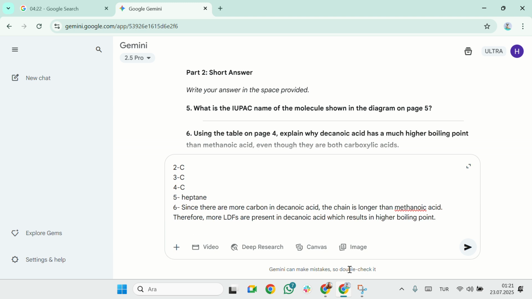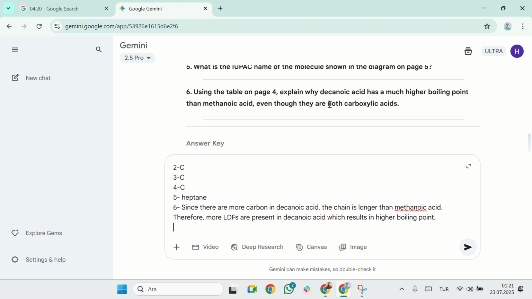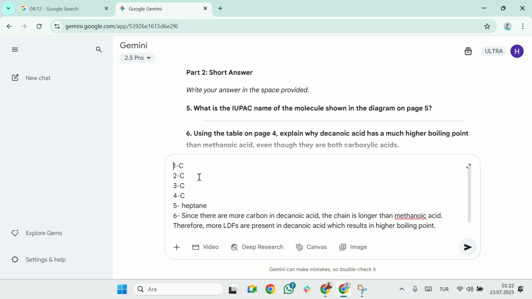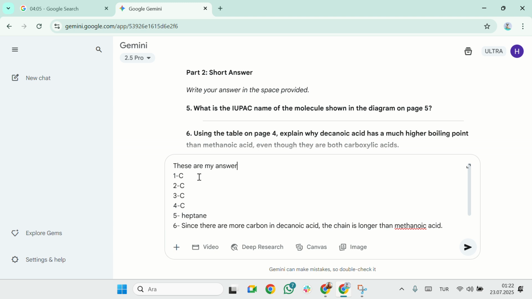I think I have learned this. Oh, it did give an answer key, but I don't want to look at it. I will just ask. These are my answers.